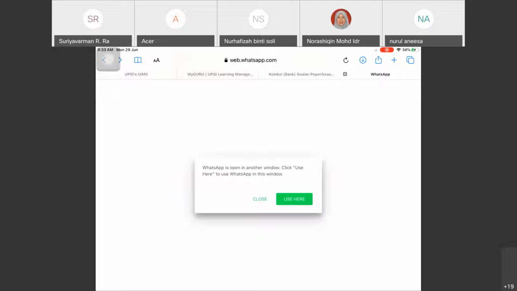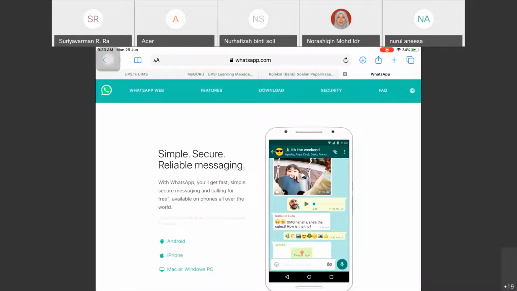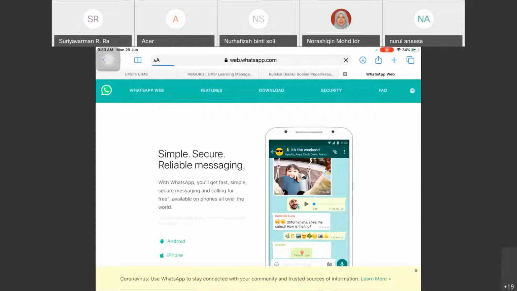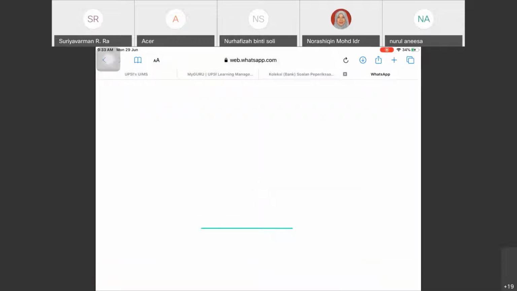Okay. Have a look at Nurul's answer in the WhatsApp group. Saya tak ambil pula. Okay, so Nurul got all the equations there.